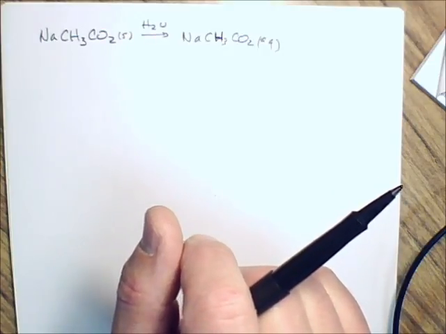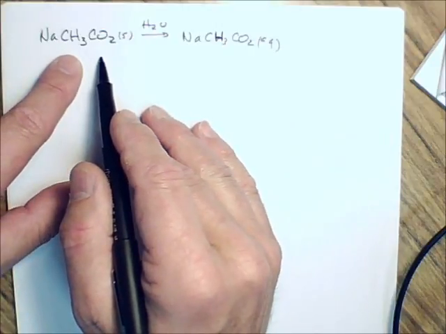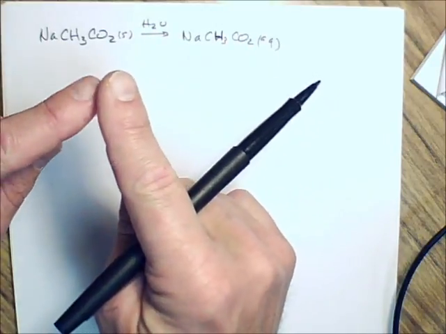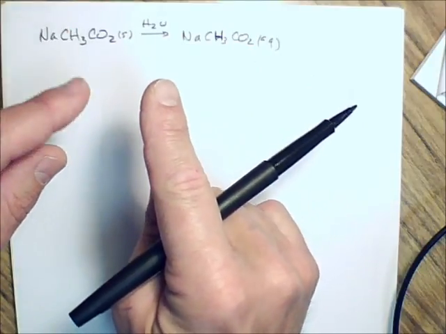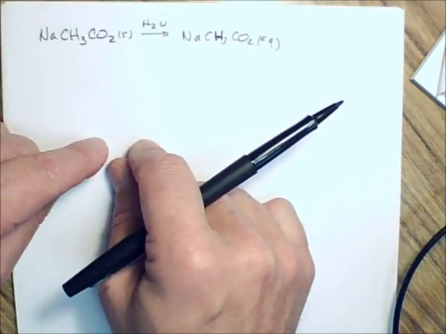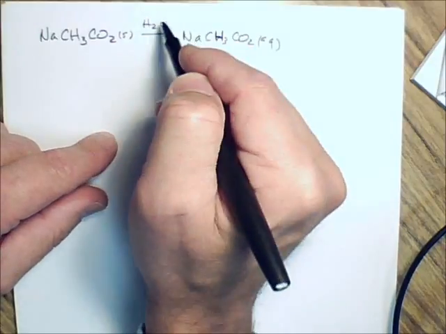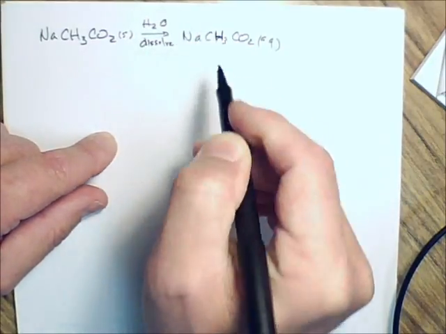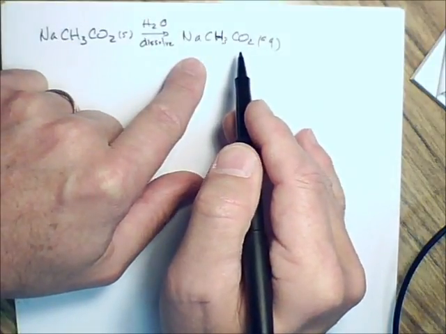This is a crystal where there are millions of sodium and acetate ions linked together in a large crystalline form, a lattice. When you put it in water and you dissolve it, these ions actually separate.